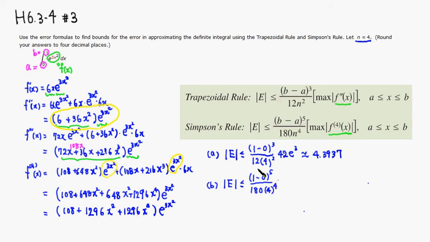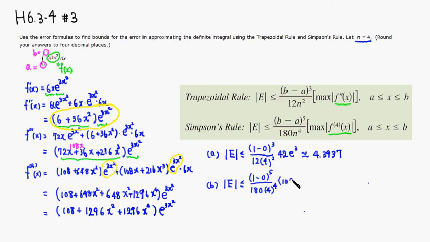Then we want to find the maximum of the fourth derivative. Again, this is an increasing function, so between x equals 0 and x equals 1, I would plug in 1.